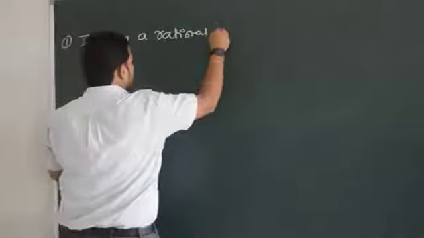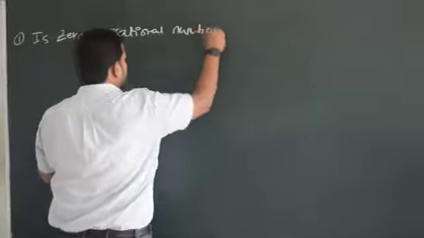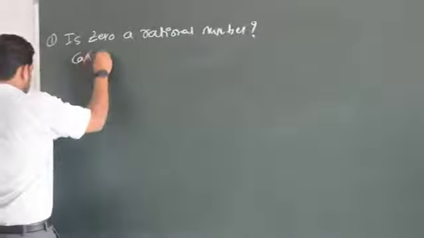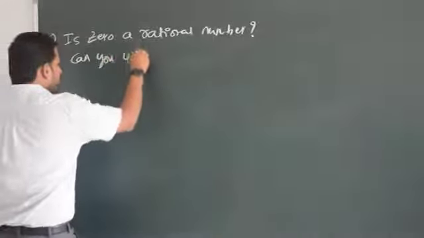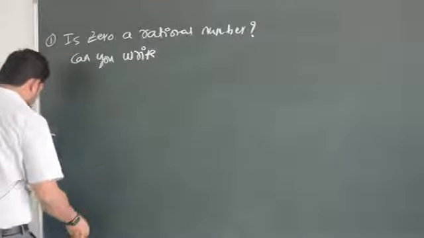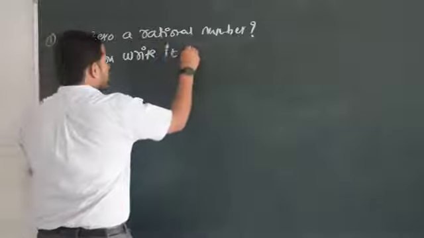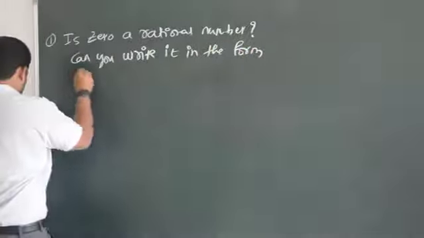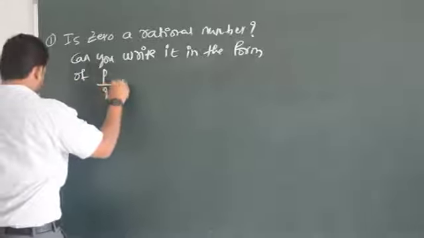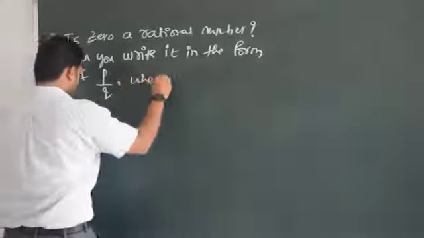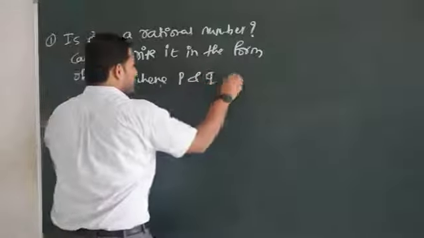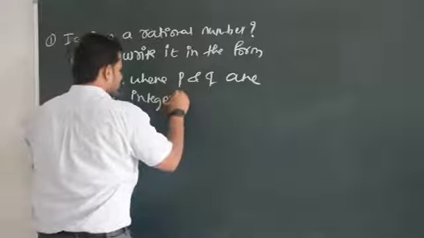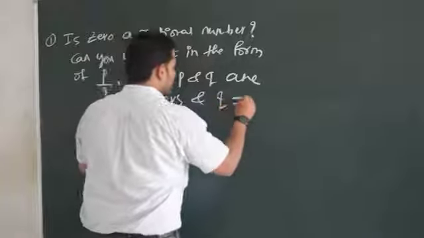Can you write it in the form of p by q, where p and q are integers, and q is not equal to 0.